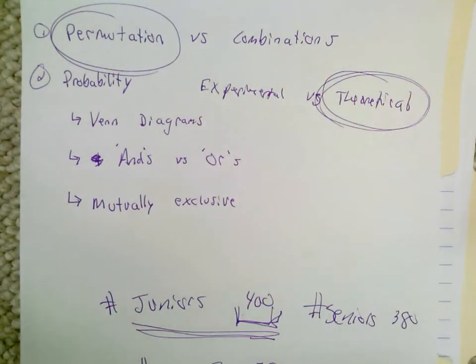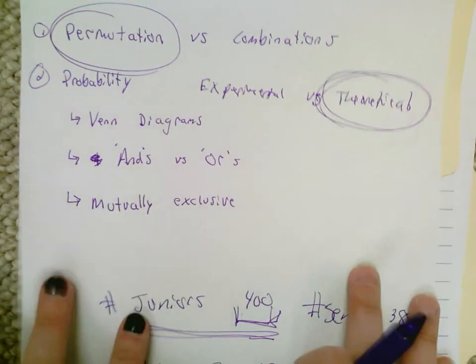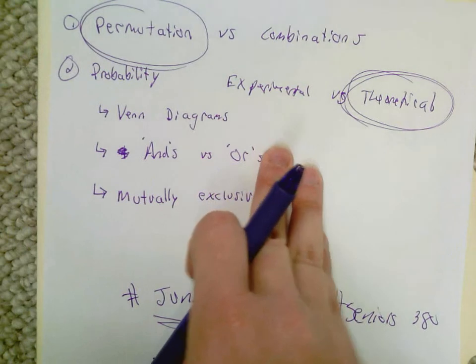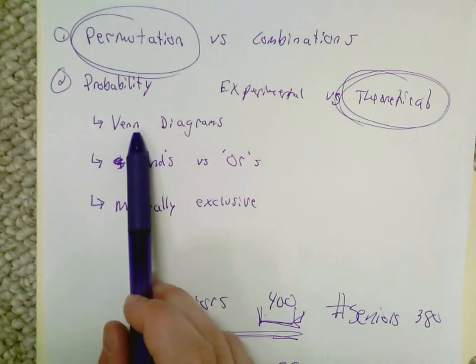All these numbers, theoretically, we expect this. But we haven't actually gone out into a gym and looked at 32 people, okay? It's just all theoretically speaking on paper and pencil. But if I were to go out and actually do it, experimental would be that, going out and actually doing it. Then we looked at reading a Venn diagram.